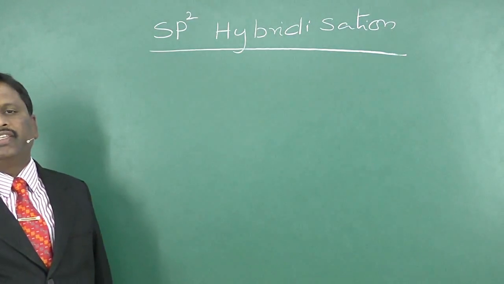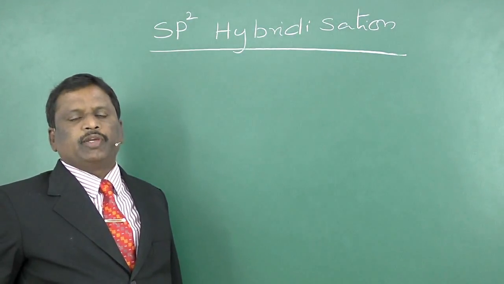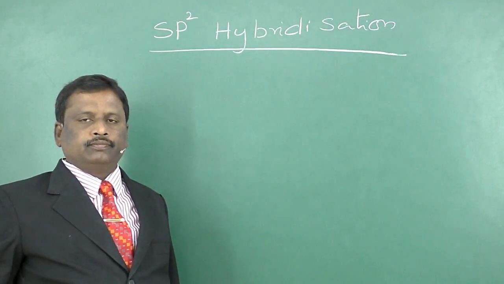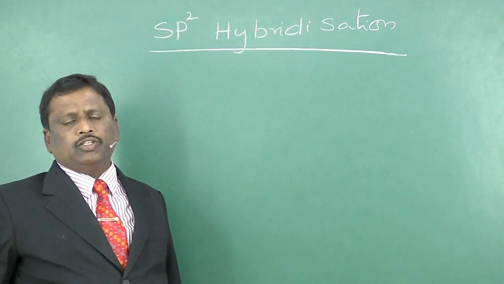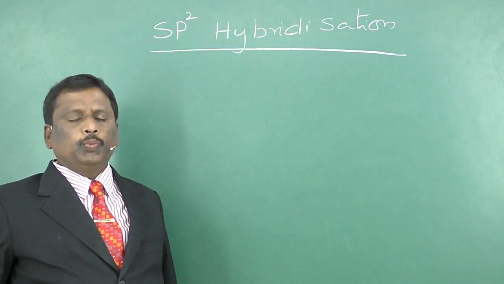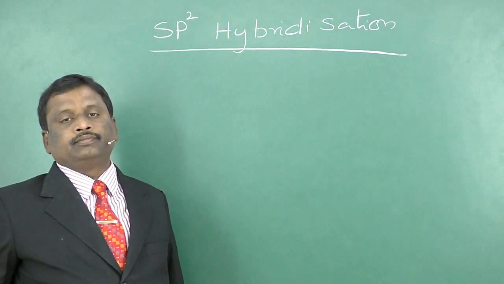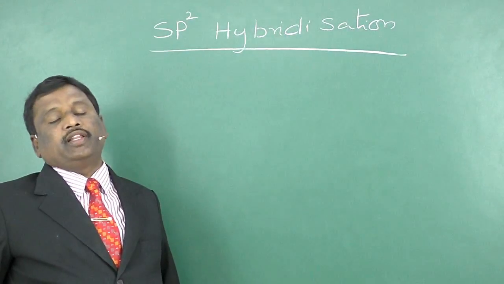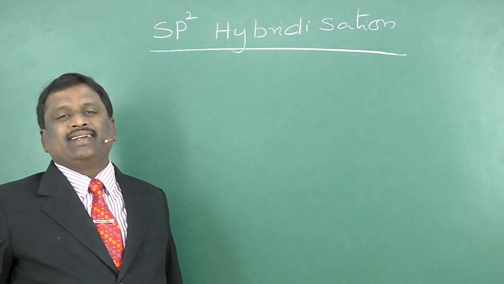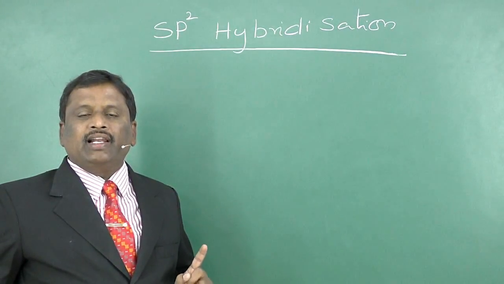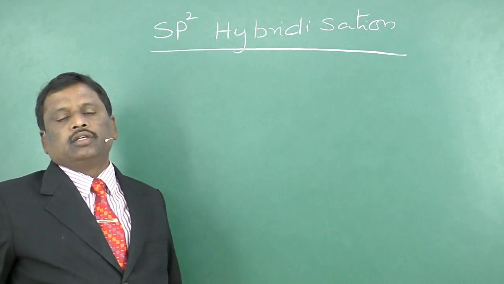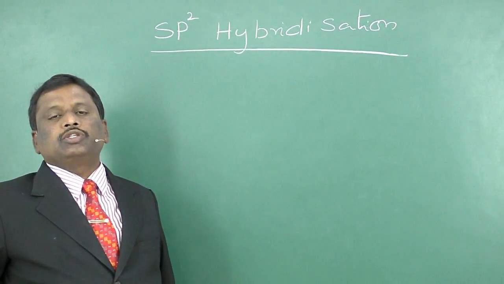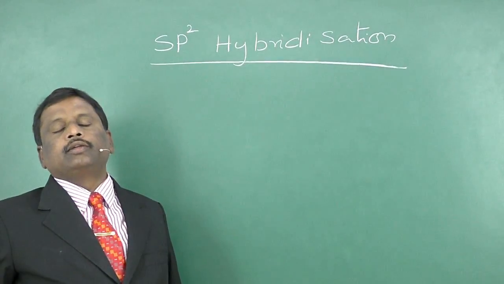Sp2 hybridization. One s orbital and two p orbitals of an atom mixed together or hybridized together to form three identical hybrid orbitals is known as Sp2 hybridization.